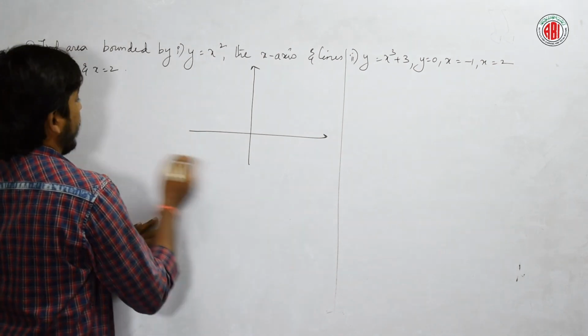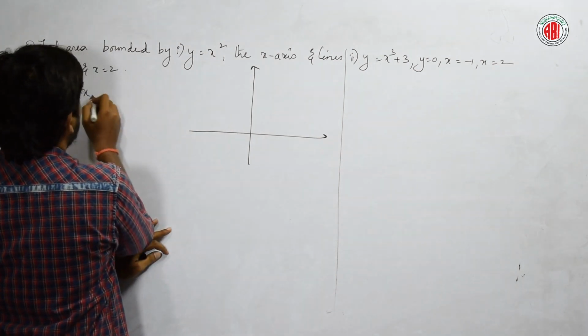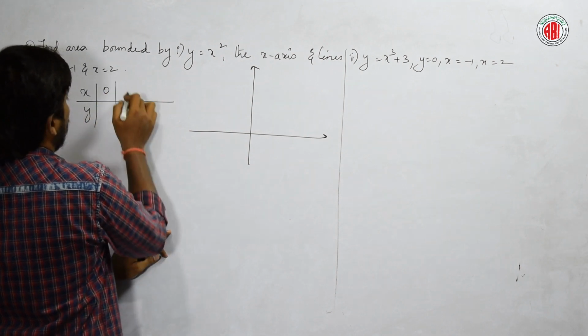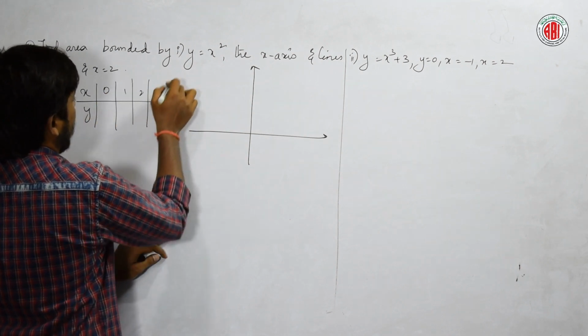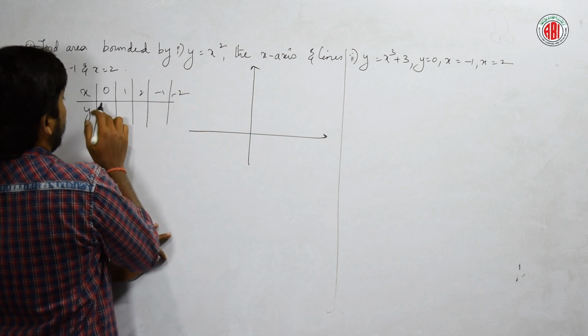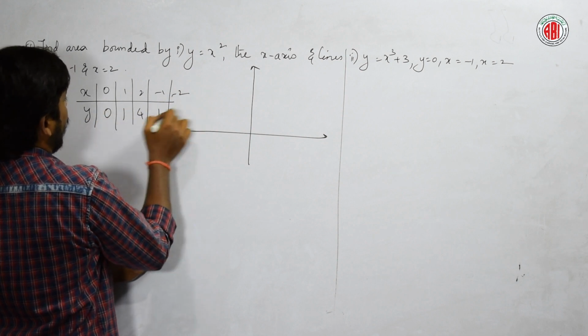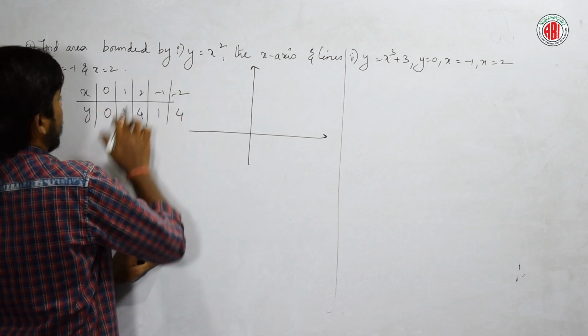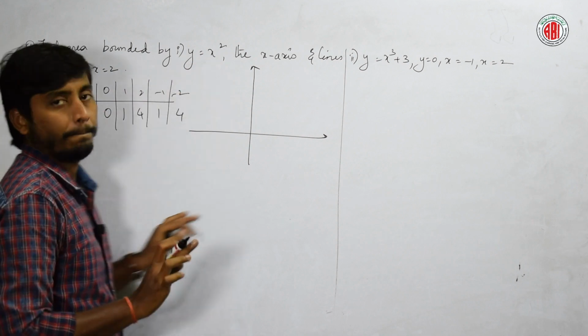What is it for different values of x? Let me take different values of x, I will get different values of y: 0, 1, 2, minus 1, minus 2. Y is 0, 1, 4, 1, 4, because if I substitute 0 here, I will get 0. 1 square is 1, 2 square is 4, like that.